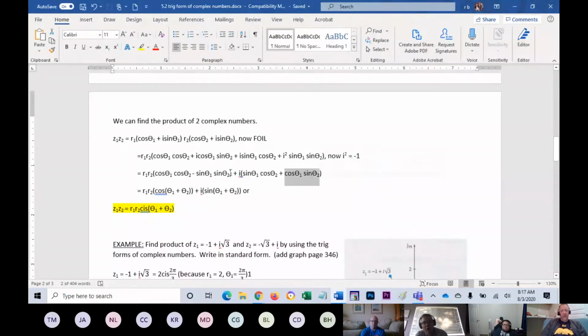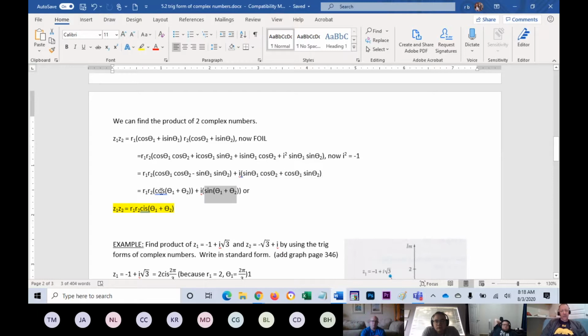Now, does this look like any identities that you remember? Yep, it looks like the cosine of theta 1 plus theta 2. And does this look like an identity that you remember? Yes, sure does. It looks like the sine of theta 1 plus theta 2.